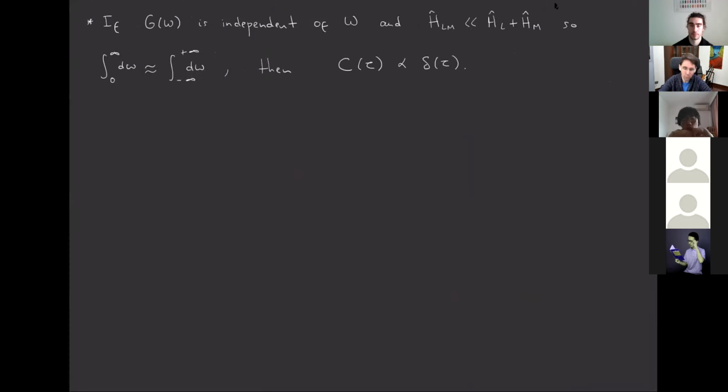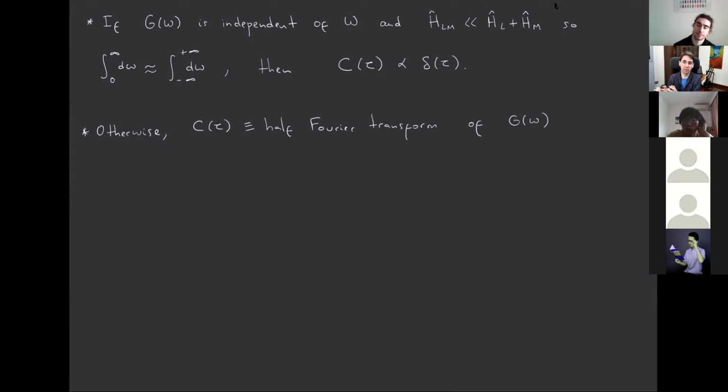However, when this is not the case, so otherwise, if you cannot make that approximation, then C of tau is just half the Fourier transform of the spectral density, okay, and this is the best that you can do.